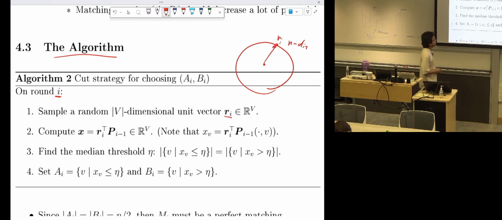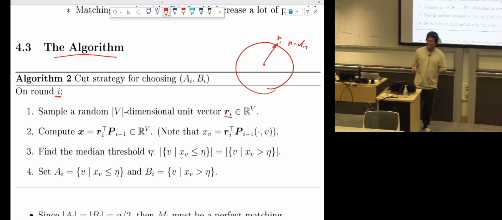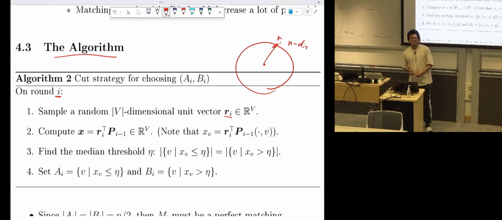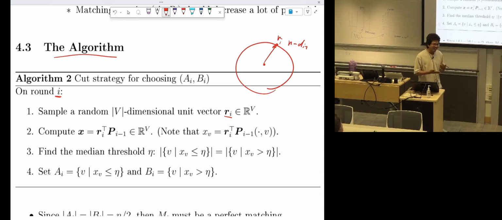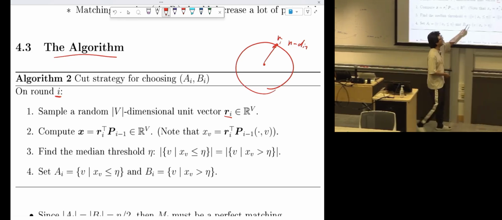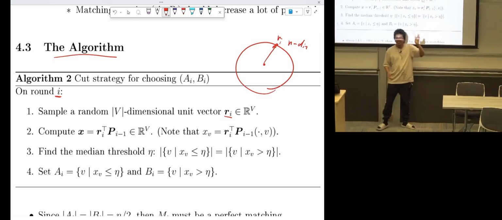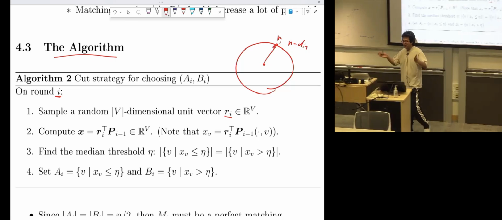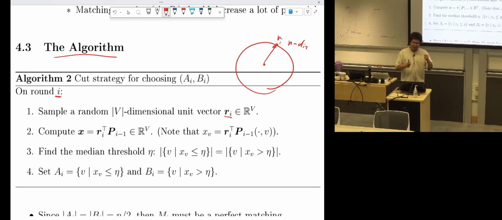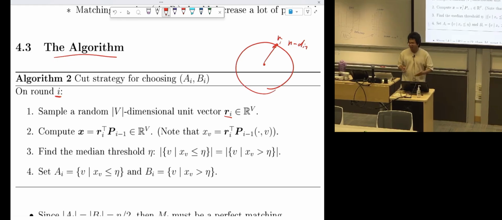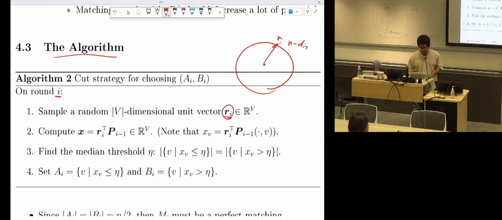You can ask how to do this on a computer, but you can, for example, just choose a random Gaussian with high enough accuracy. This is a real number, so you cannot afford to do this exactly, but let's ignore that. Once you choose a random Gaussian with high enough accuracy, then you can get this.